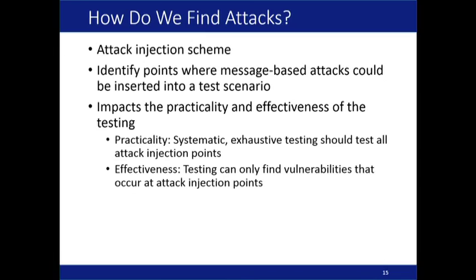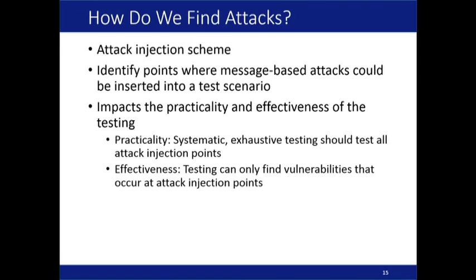Note that the attack injection scheme that we pick will impact both the practicality and effectiveness of our testing. Practicality because systematic, exhaustive testing is going to need to test all of these attack injection points, which means there need to be relatively few of them. And effectiveness because our testing is only going to find vulnerabilities that occur as a result of injecting our message-based attacks at these attack injection points.